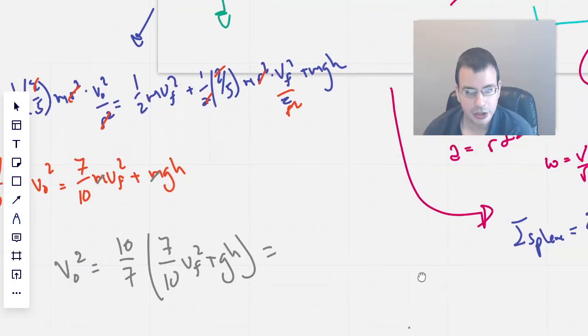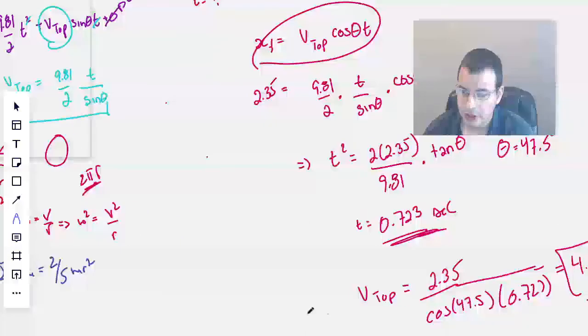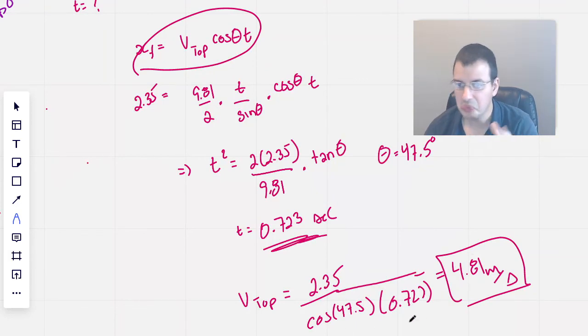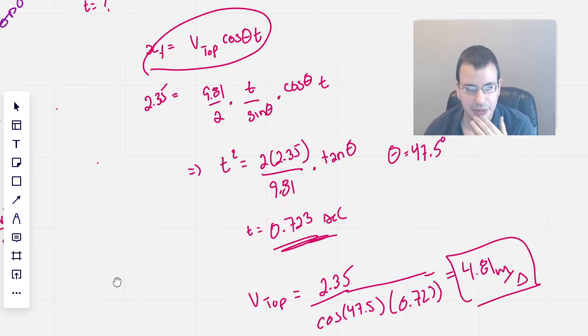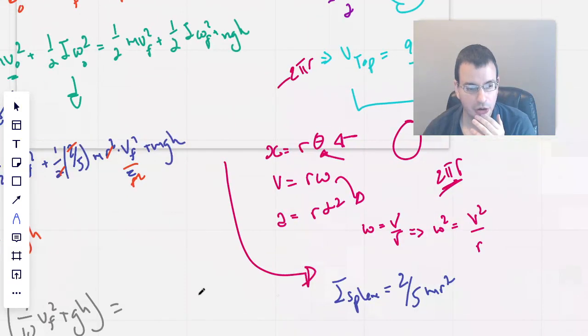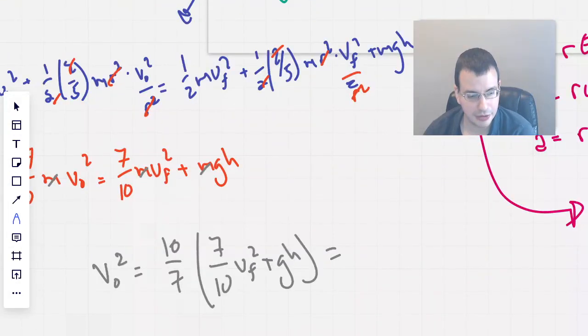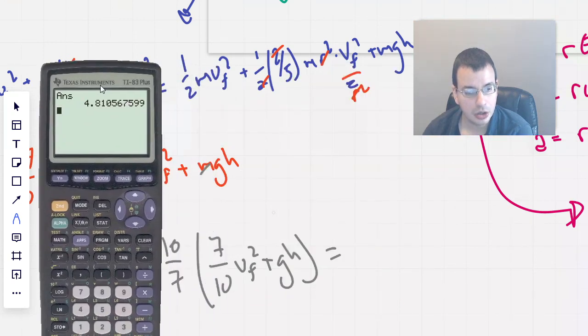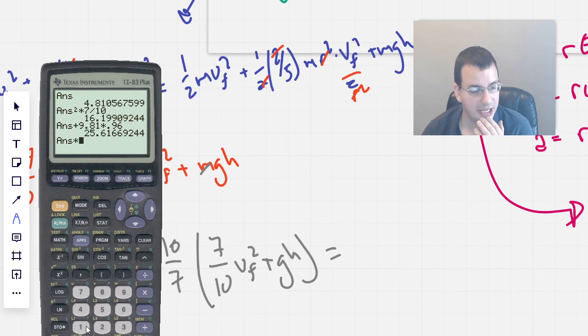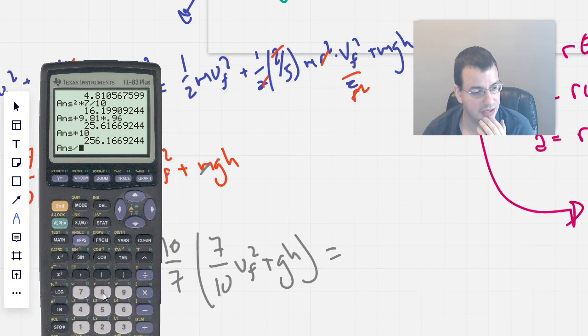Take a look over here, and we had 4.81 for v final. Seems reasonable enough, plausible maybe. We'll go with that and plug it into our equation. We square 4.81, times 7 divided by 10, plus 9.81 times 0.96, because 0.96 was the height, and multiply all of that by 10 divided by 7.